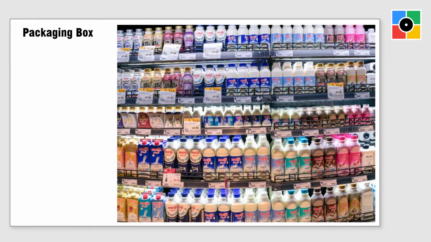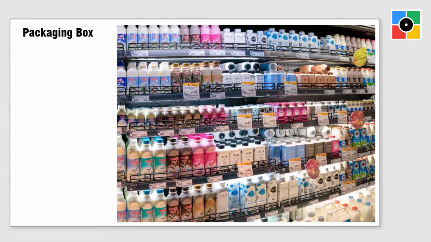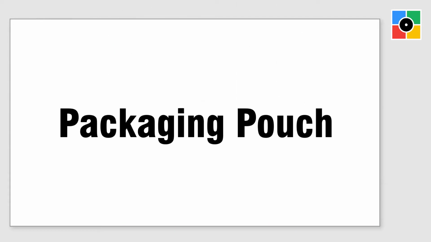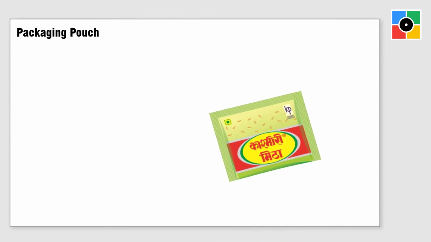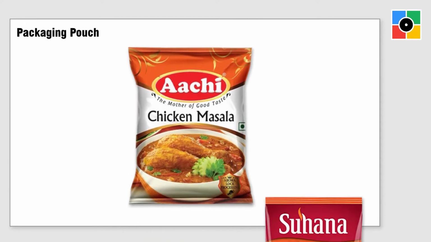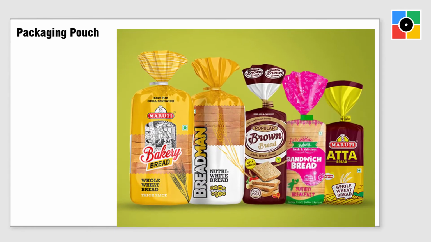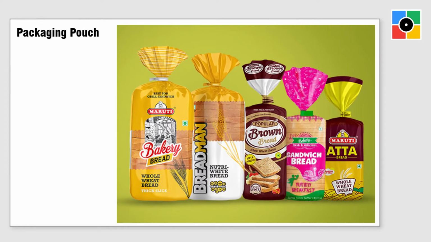Take a stroll through the mall and you will see hundreds of products packed in boxes. Packaging pouch design. From small fennel packing to various spices, wafers, oils, and bakery products, many things are packed in plastic pouches.